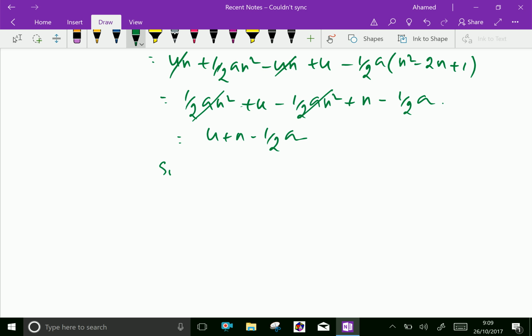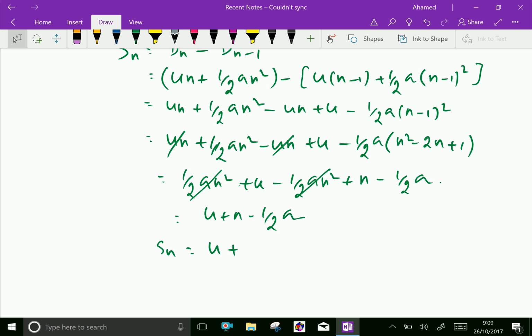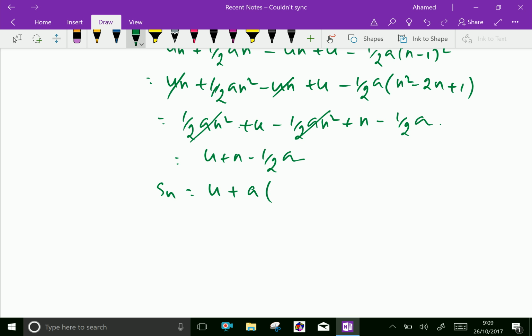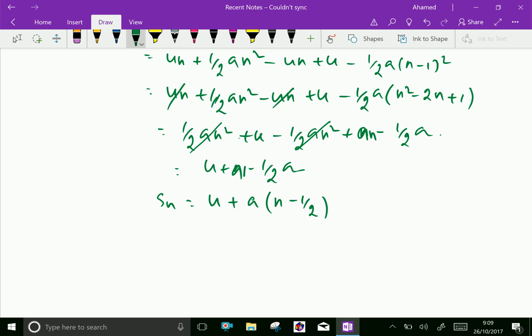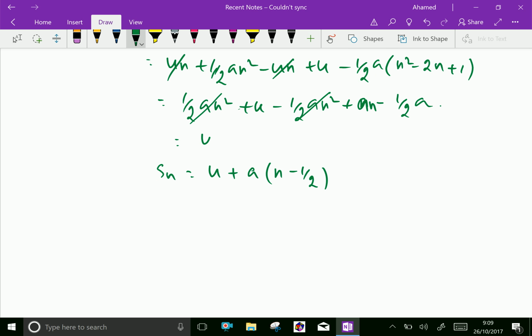Which we can write as Sn equal u plus an minus half a.